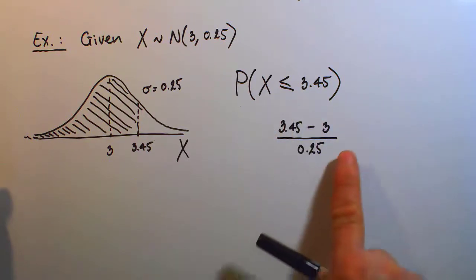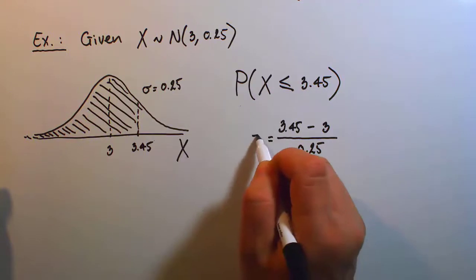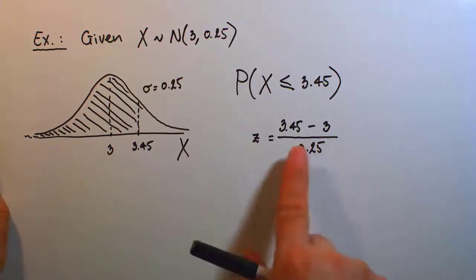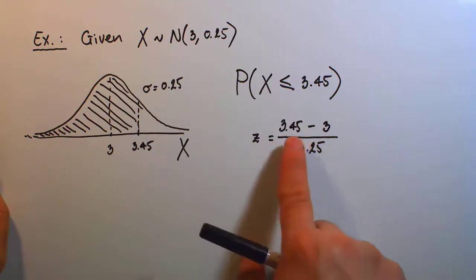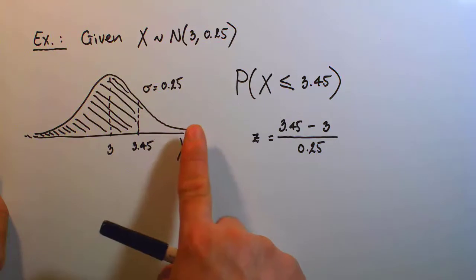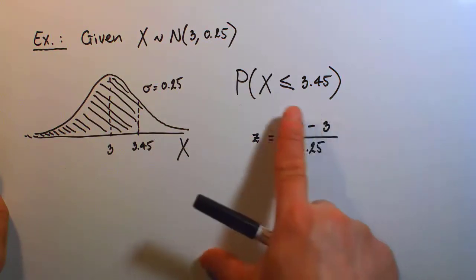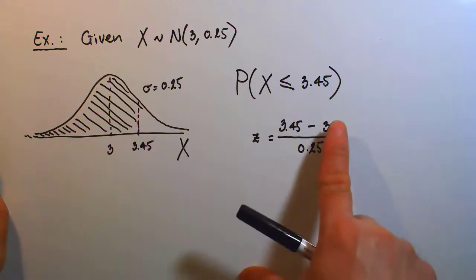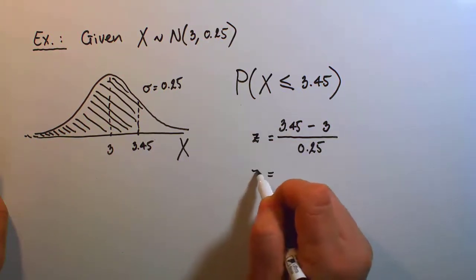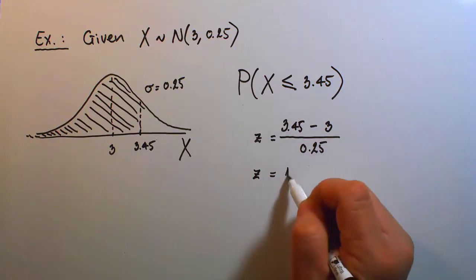What we realize is this calculation is nothing but finding the z-score of our value 3.45. So 3.45 is a value on the non-standard, general normal distribution. Then what we did here is we found the corresponding z-score of 3.45. So this z-score calculation comes out being positive 1.8.